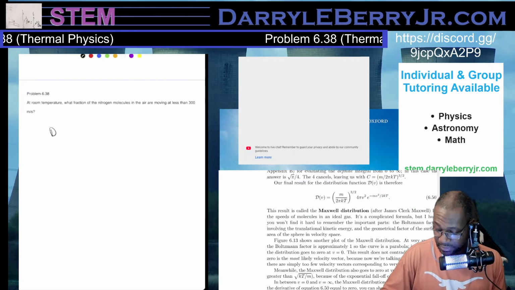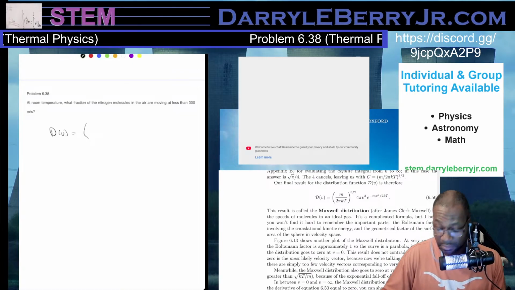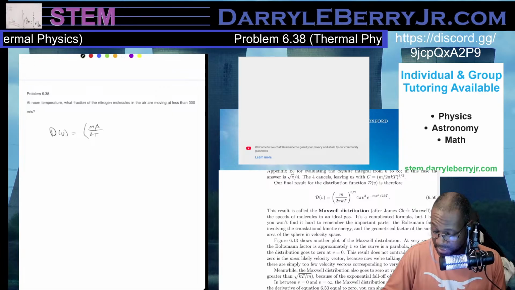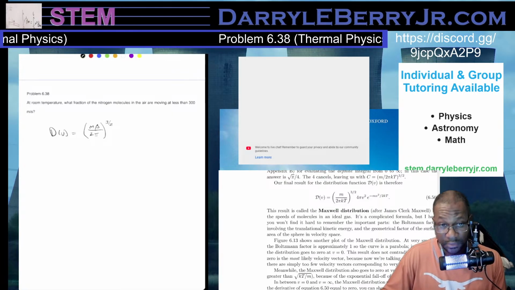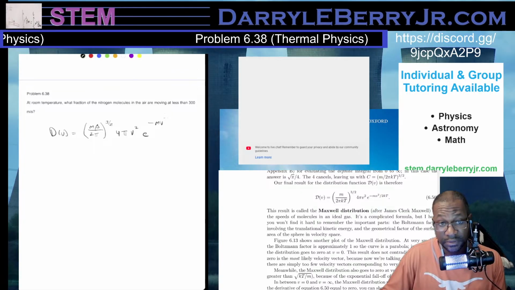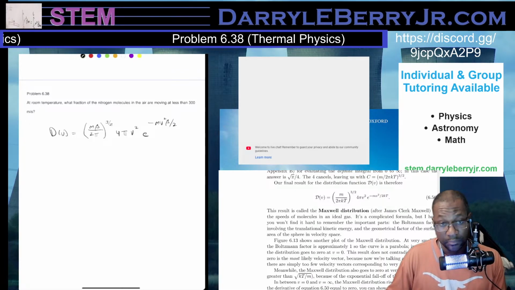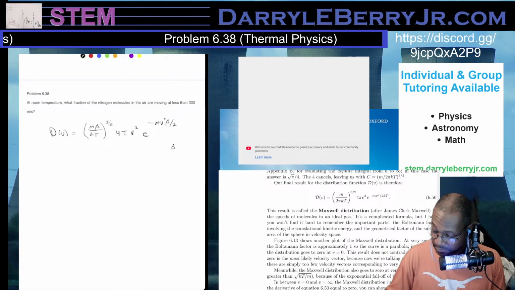So we have f(v) equals (m over 2 pi kT) to the 3 over 2, 4 pi v squared e to the negative mv squared over 2kT, where beta equals 1 over kT.